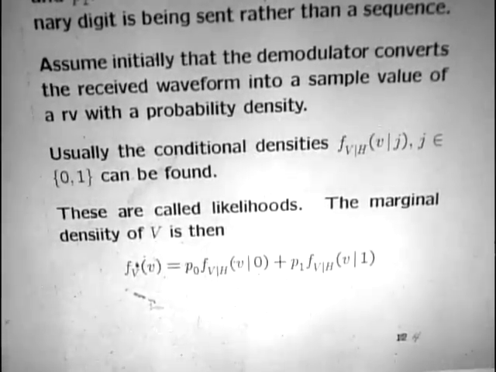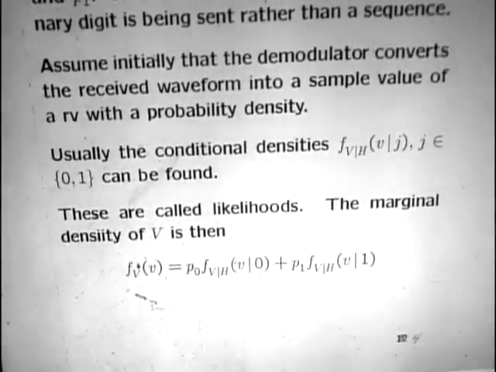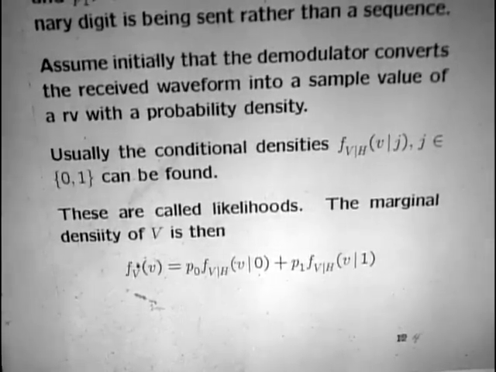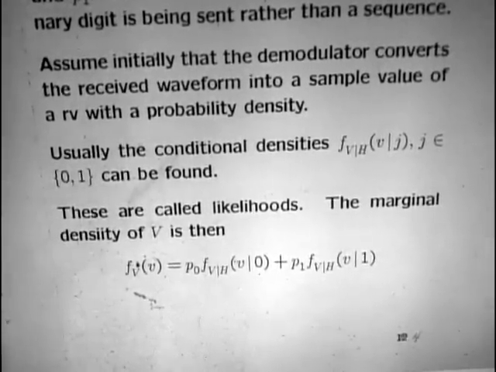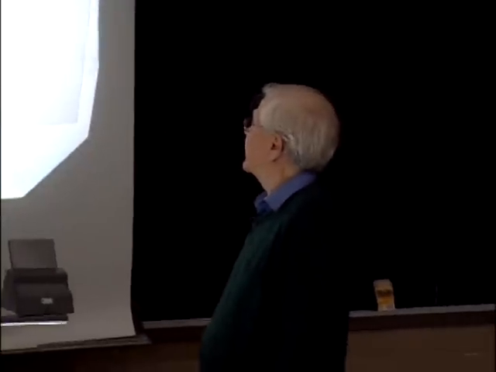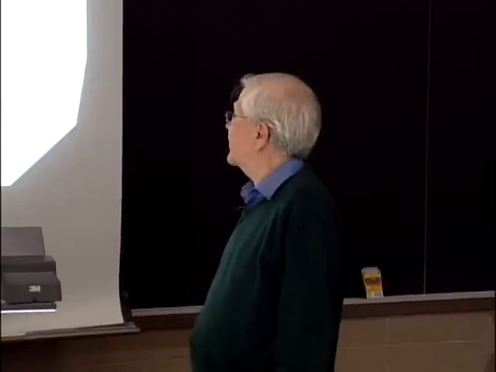And in most communication problems anyway, it's far easier to get your hand on these likelihoods than it is to get your hand on the a posteriori probabilities, which you're really interested in. So we find these likelihoods.